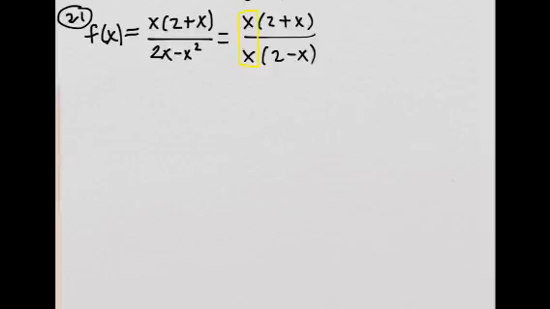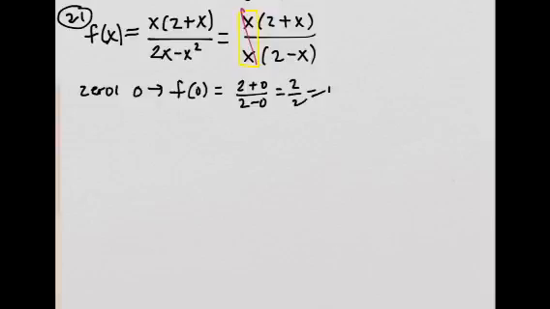So then I'm going to find f of 0, and we cross it out. So we're going to say 2 plus 0 over 2 minus 0, so that's 2 over 2, which is 1. So the hole is going to be at (0, 1). The hole is a point, so you have to give it in coordinates.